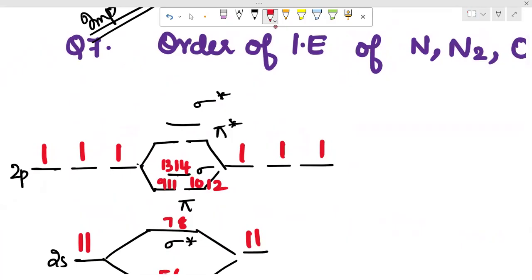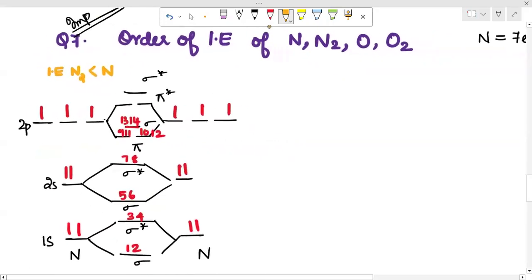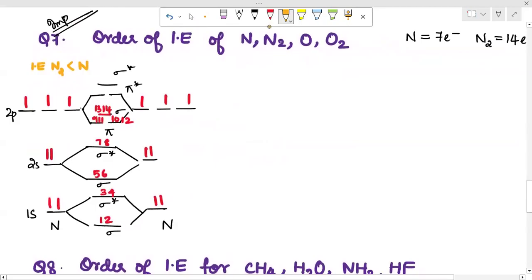The energy of the last electron in the N2 molecular diagram is lower than N, correct? So I can write that the ionization energy of N2, the energy required to remove the last electron from N2, which is in sigma, whose energy is lower than 2p, is less than N. I can write like this.